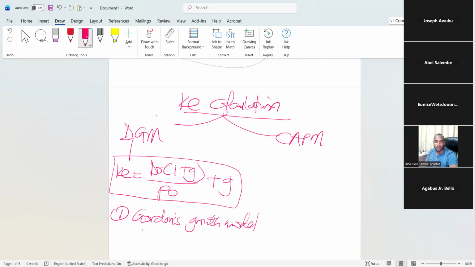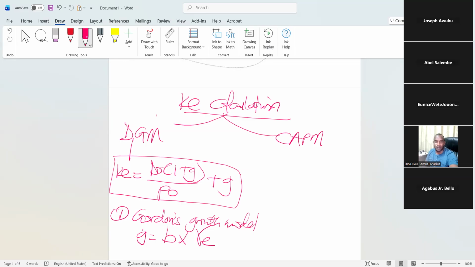So the g is going to be b times re. Now, what is this b? The b is the retention rate, or the part of the profit retained. The examiner normally gives you the portion of the profit paid, the dividend payout ratio. The portion that you have paid out as dividend, the remaining portion is the portion that you have retained.